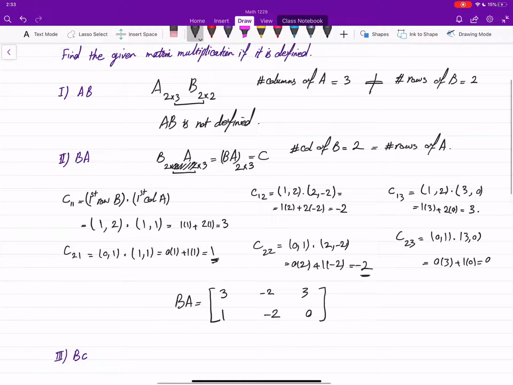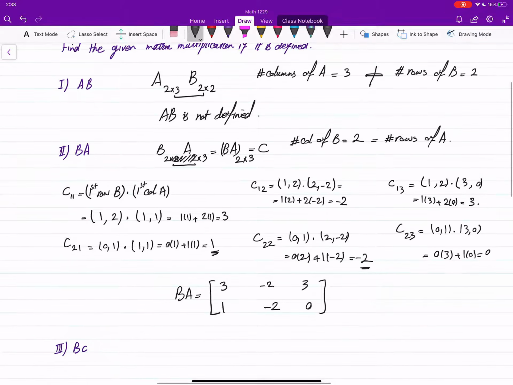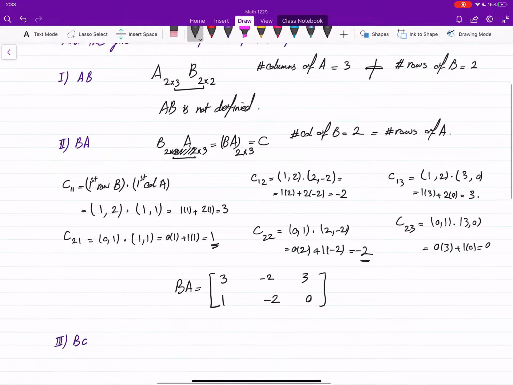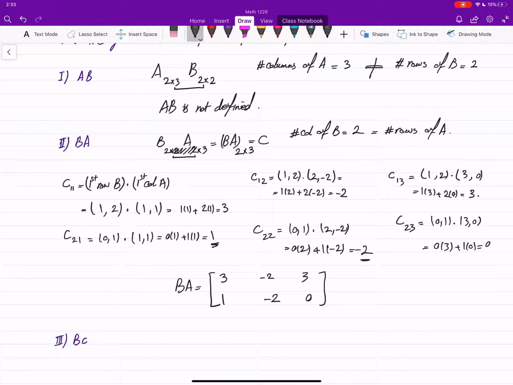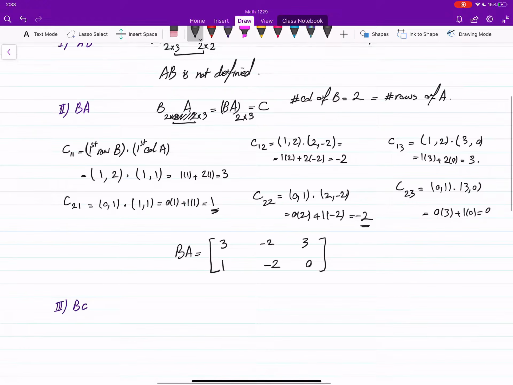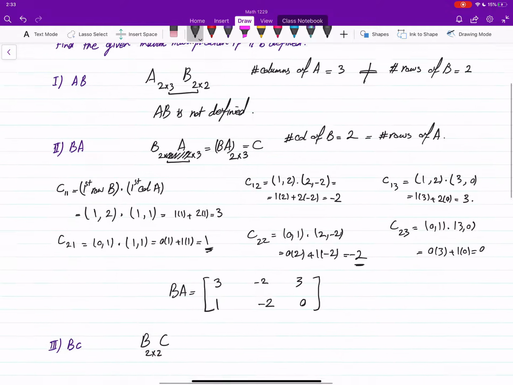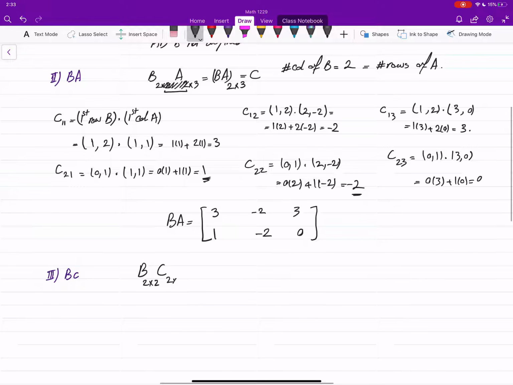First compatibility, then dimensions, and then entries, yes? How about BC? We have to first check the compatibility. B is 2 by 2, and C was 2 by 1. The inner ones are the same, which means they are compatible, and BC is going to be 2 by 1.